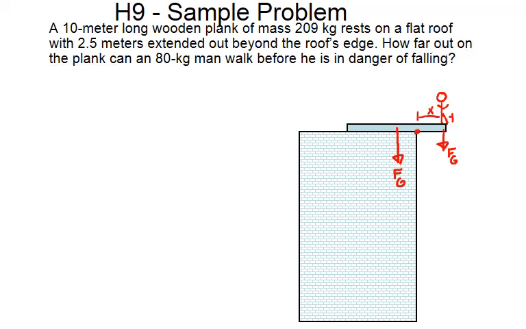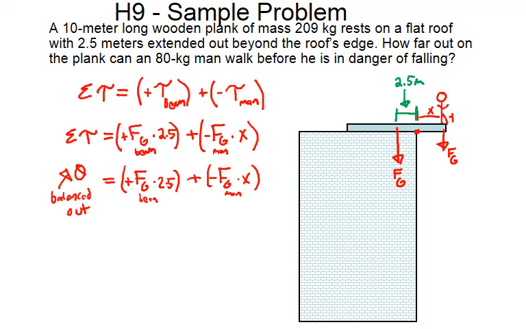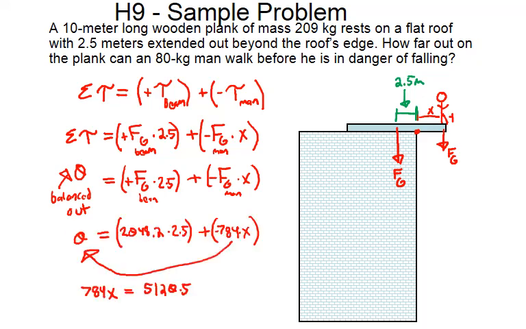Okay, so we've got 2.5 meters for the force of gravity of the beam, because we know it's 10 meters long and it's extended 2.5 meters out. So therefore, there's 2.5 meters left of the center of mass of the beam, and so we have force of gravity of the beam times 2.5 plus negative force of gravity of the man times x, and the sum of the torques will equal 0, and x is 6.531 meters.